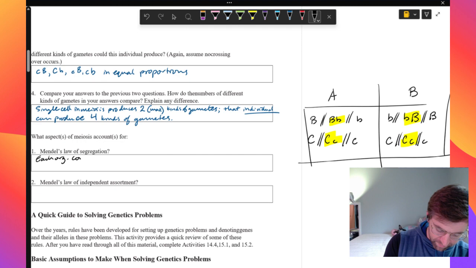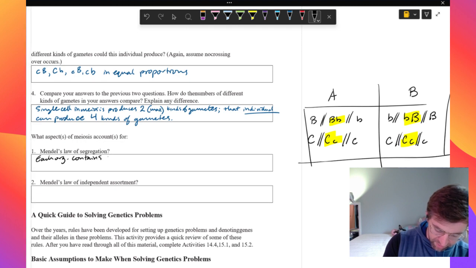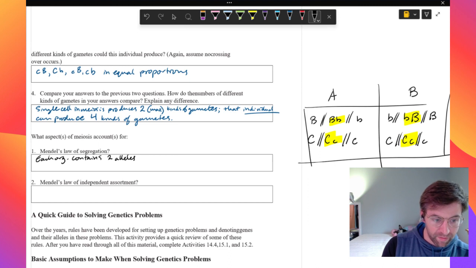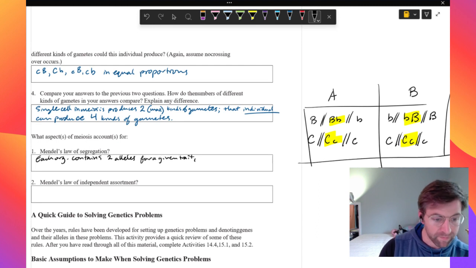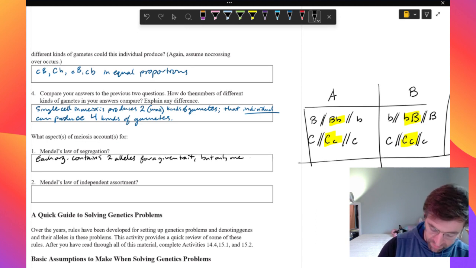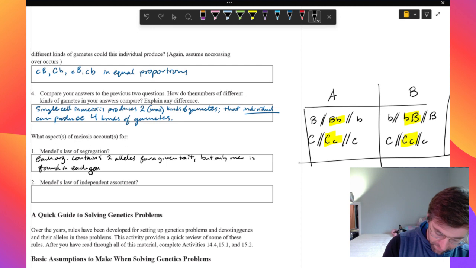Each organism contains two alleles for a given trait, but only one is found in each gamete.